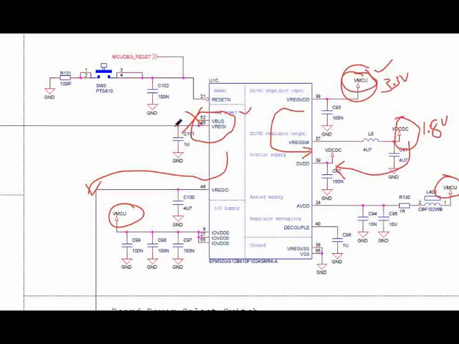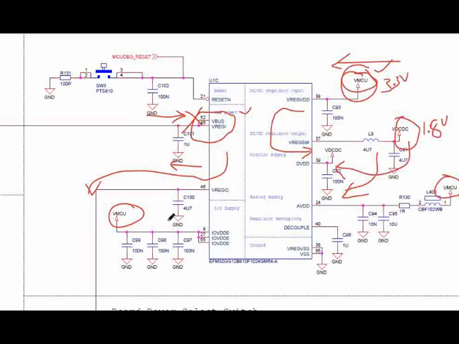The 5 volts is powered externally, we get 3.3, and with that 3.3 you get 1.8, which you feed to the DVDD. This is how the power distribution works inside the EFM32GG12, and how it is connected to various peripherals.